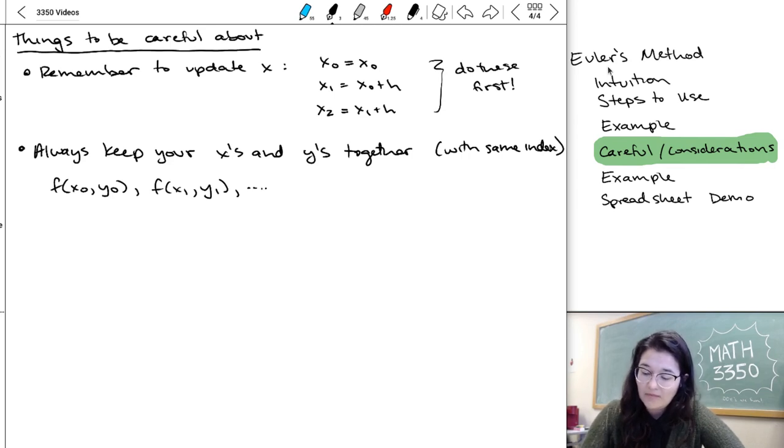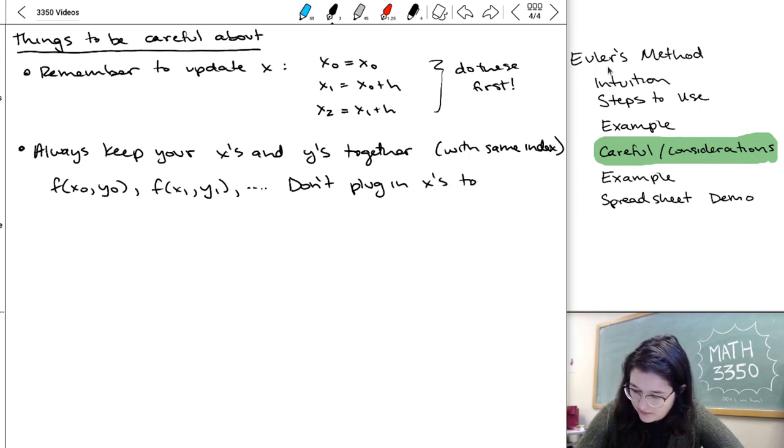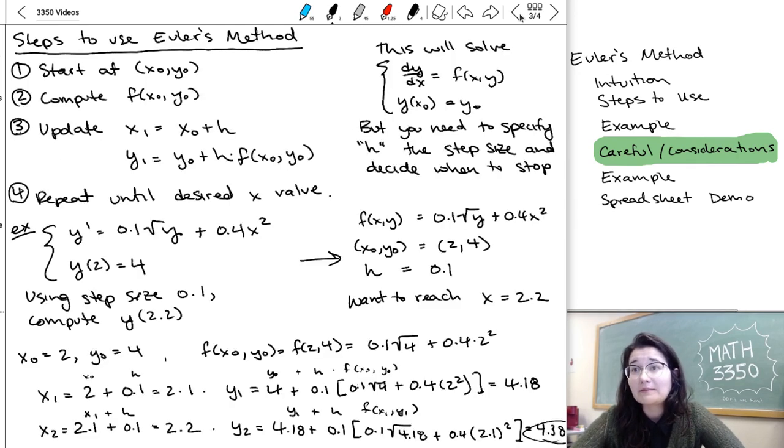And the big thing that people get wrong here is that they plug in a value of x too early. So just don't plug in x's too early. By that I mean, here when I was doing step 2, I was calculating y2 from y1. So I needed to make sure that when I plugged in an x value, I was using x1, because x1, y1 belong together.